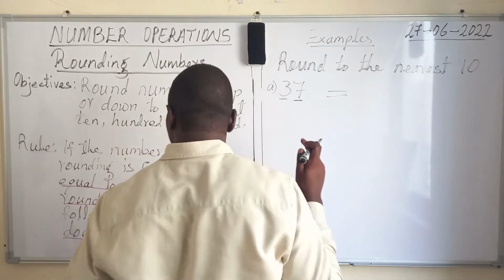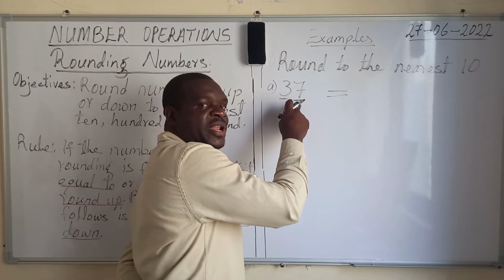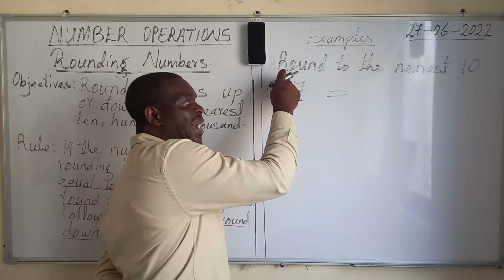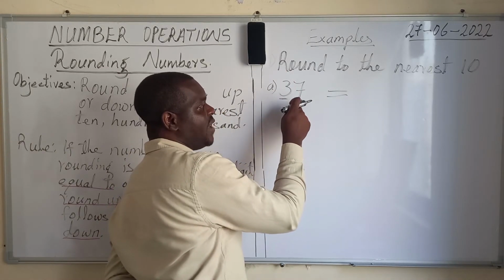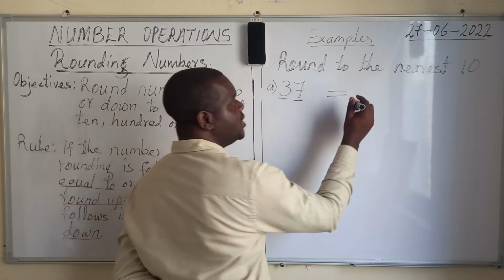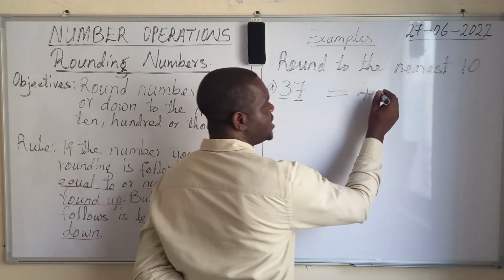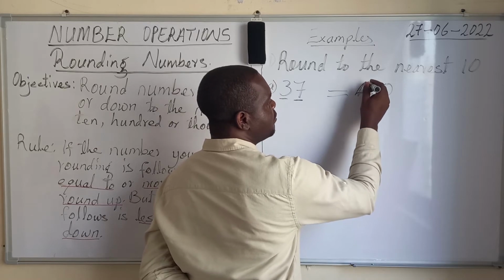The rule states that if the number that follows is equal to or more than 5, we round up. Rounding up means we add 1 to the 10 digit. Since 7 is more than 5, we add 1 to 3, and 3 will become 4, while 7 is suppressed to 0. So our answer will be 40.